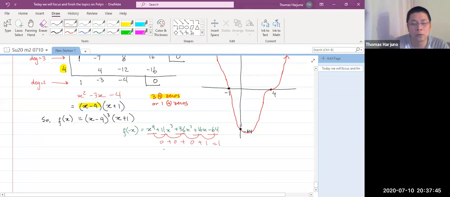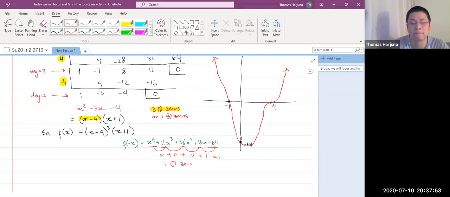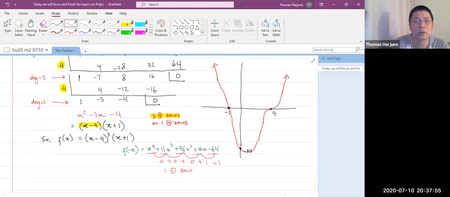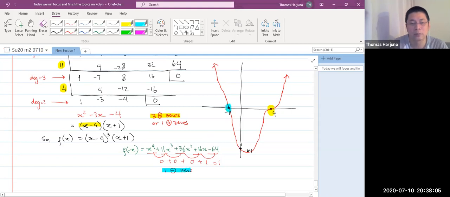And therefore, 1 negative zero, so 1 x-intercept to the left of the y-axis. So the 3 positive zeros we're talking about are here, and the 1 negative zero we're talking about is here.